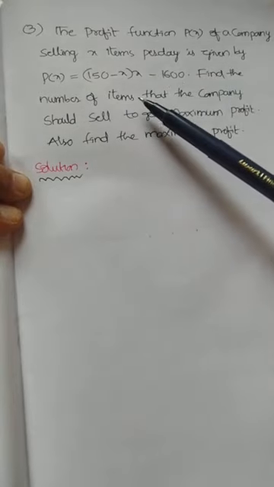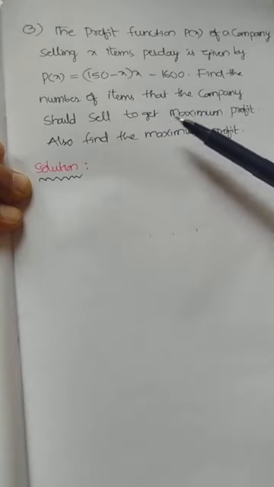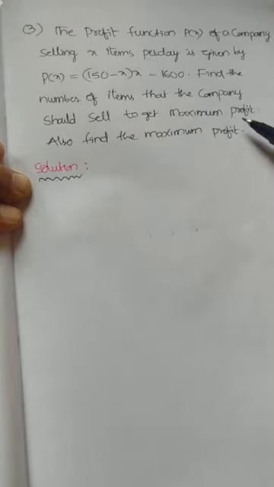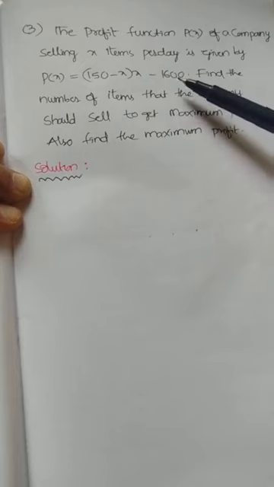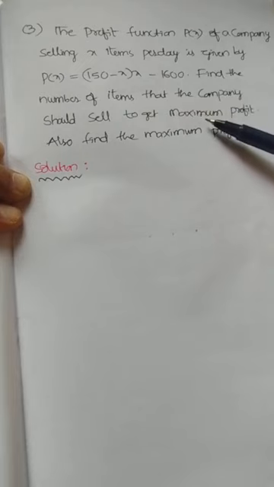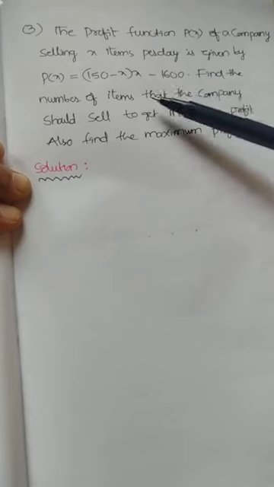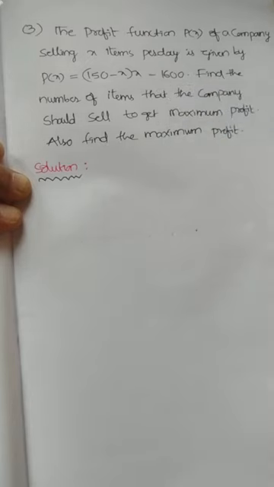Find the number of items that the company should sell to get a maximum profit. So this function should attain the maximum profit. For that we have to find the stationary value. Also find the maximum profit. So at that stationary point, we have to find the function value in this question.